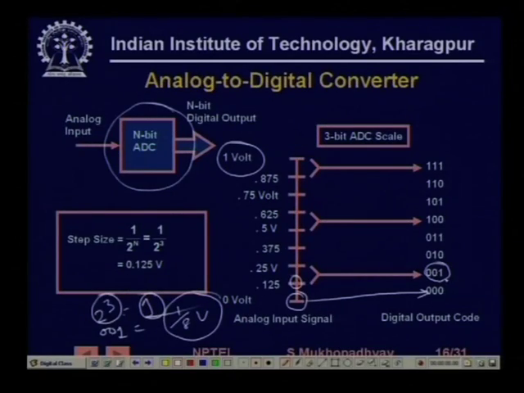This signal will go from 000 to 001 when it reaches 0.125 volts, or 1 by 8 volts. So, any signal between 0 and 0.125 will get quantized to 0. This is called quantization. Similarly, 0.125 to 0.25 will get mapped to 001 and so on, and finally 0.875 to 1 volt will get mapped to 111.